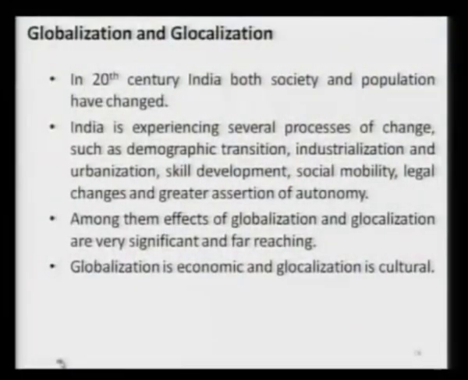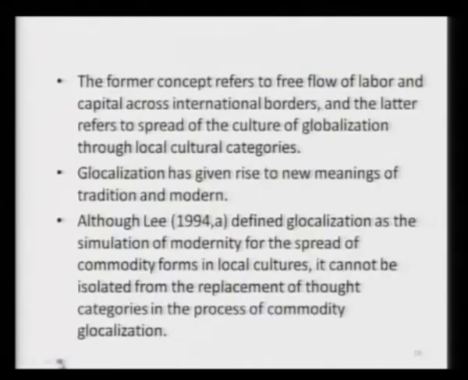In 20th century India, both society and population have changed, and India is experiencing several processes of change such as demographic transition, industrialization, urbanization, skill development, social mobility, legal changes and greater assertion of autonomy. Among them, effects of globalization and localization are very significant. Globalization is economic, localization is cultural. The former concept refers to free flow of labor and capital, and localization to local changes in local cultural categories.